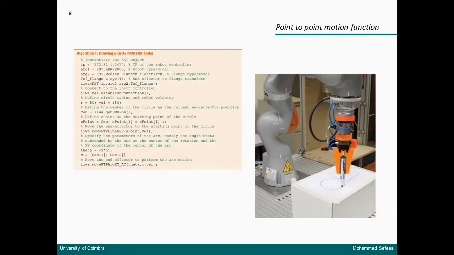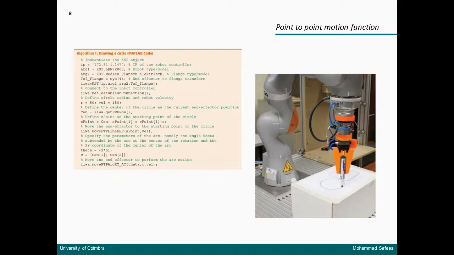In the point-to-point motion functions, the user is able to move the robot on a line, on a circle, or on an ellipse. In such a case, the user defines the destination point and the motion parameters, and the robot is going to move.